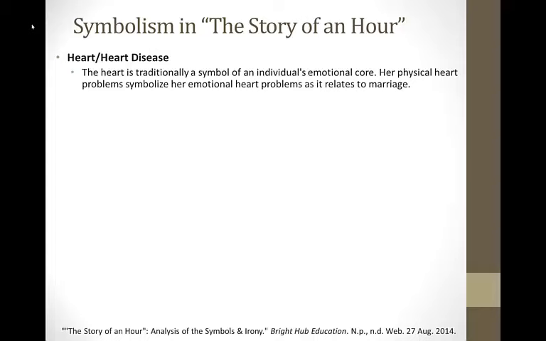But this is a diseased heart, so that physical heart problem could be symbolic of an emotional problem, specifically as it relates to her marriage. It is revealed, very slightly and not super noticeably, that there is some unhappiness in her marriage, and that could be the problem that this is symbolizing.